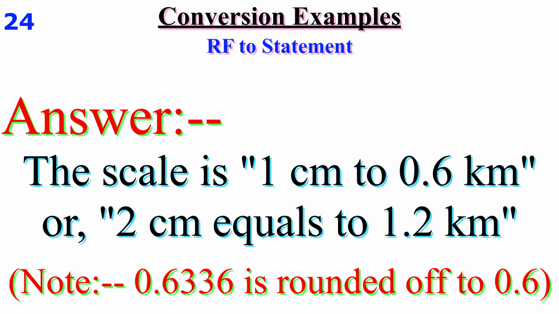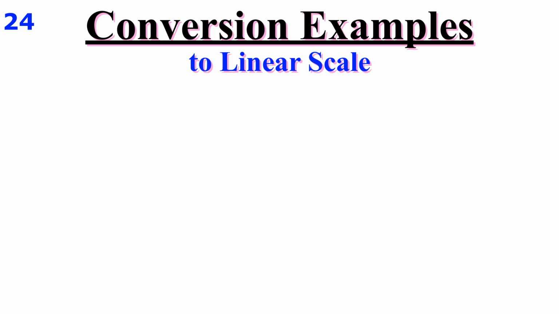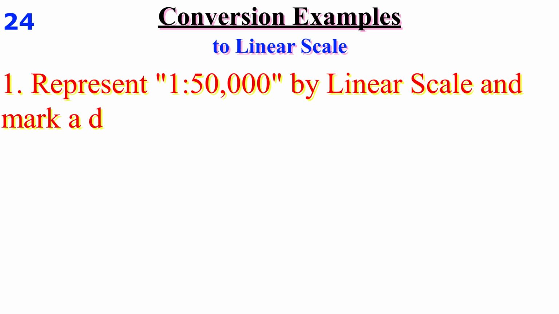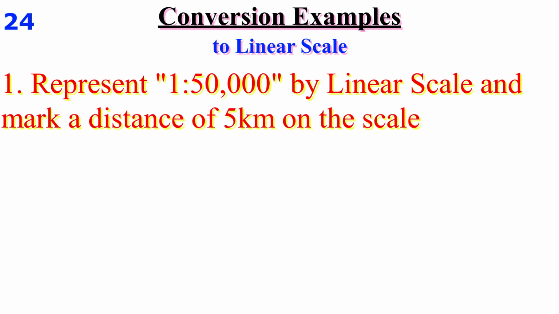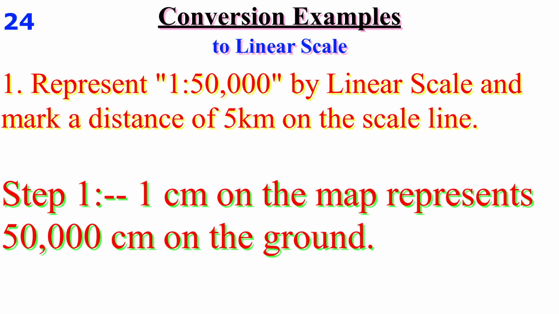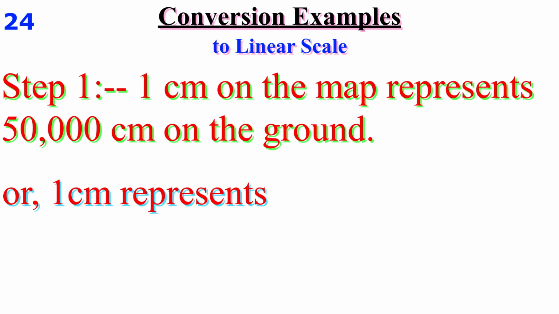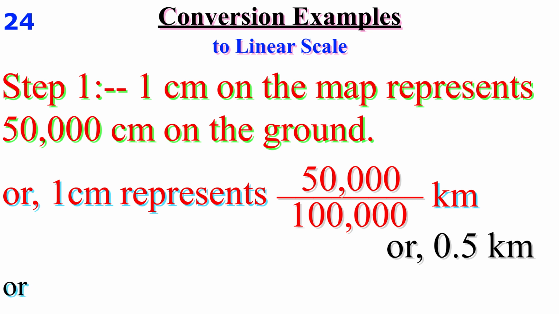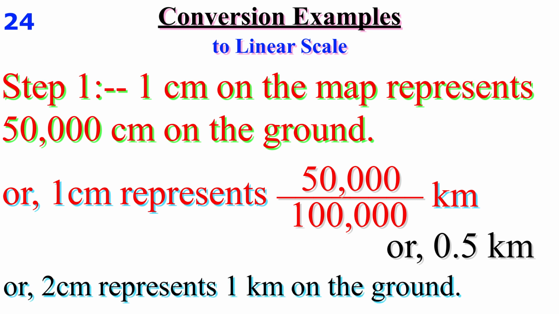Now, how to draw a linear scale? Friend, first example, represent 1 to 50,000 by linear scale and mark a distance 5 km on the scale line. Okay, step 1 is 1 cm on the map represents 50,000 cm on the ground or 50,000 by 100,000 km or 0.5 km or 2 cm equal to 1 km.